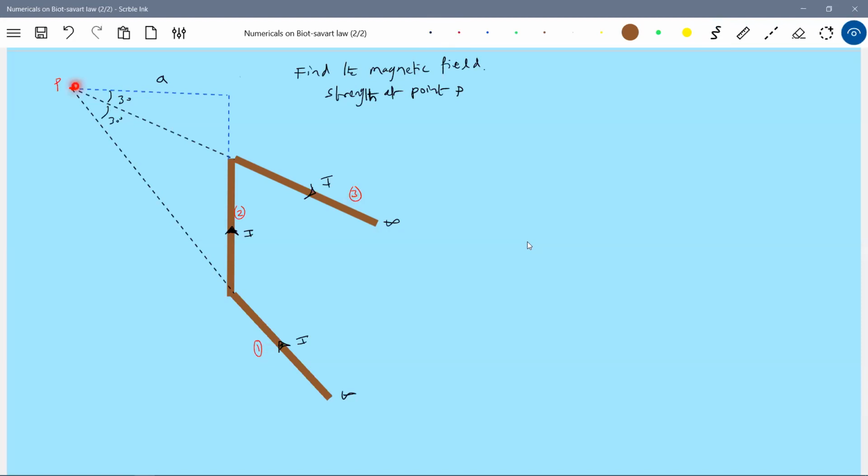Should be 0, no? Because the point lies on the axis. According to the Biot-Savart law, it should be 0. So the field strength at point P due to 3 and 1 will be 0. At point P, B1 equals B3 equals 0, because the point P lies on the axis of segments 1 and 3.